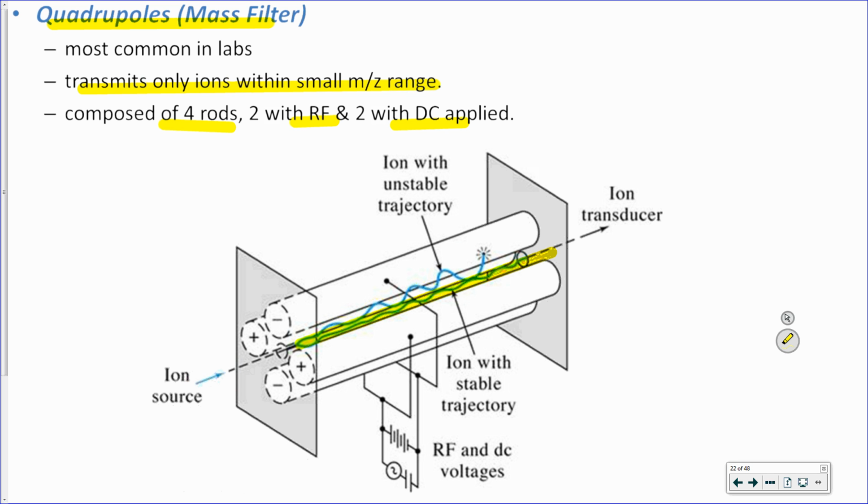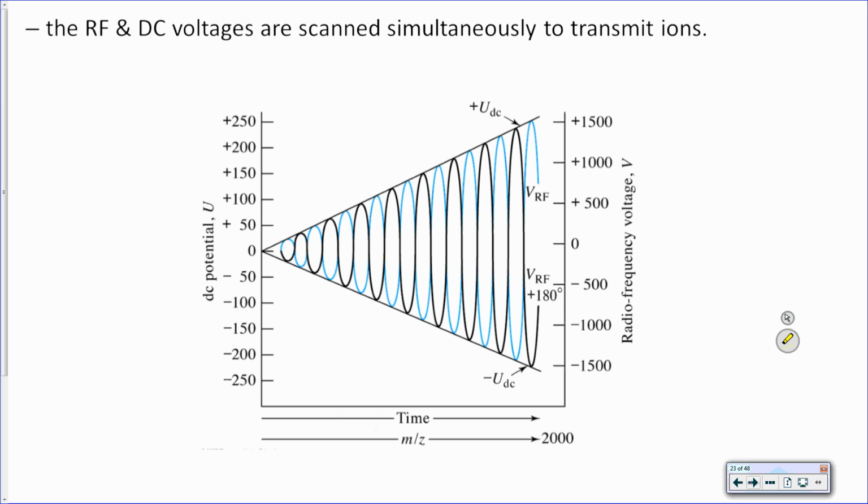Everything else gets kicked out of an orbit and hits the walls, or hits one of those rods. But as you scan this combination of DC potential on one pair of rods and the radio frequency on the other set of rods, it transmits a particular M/Z at one particular point in time.